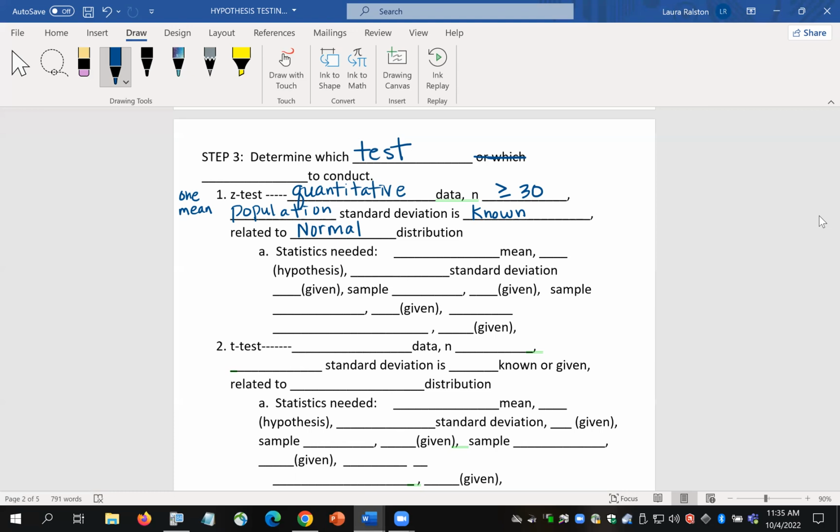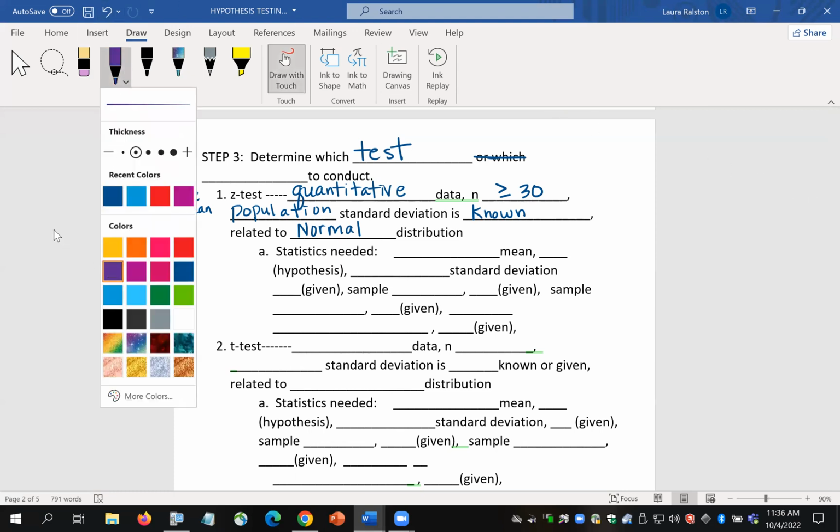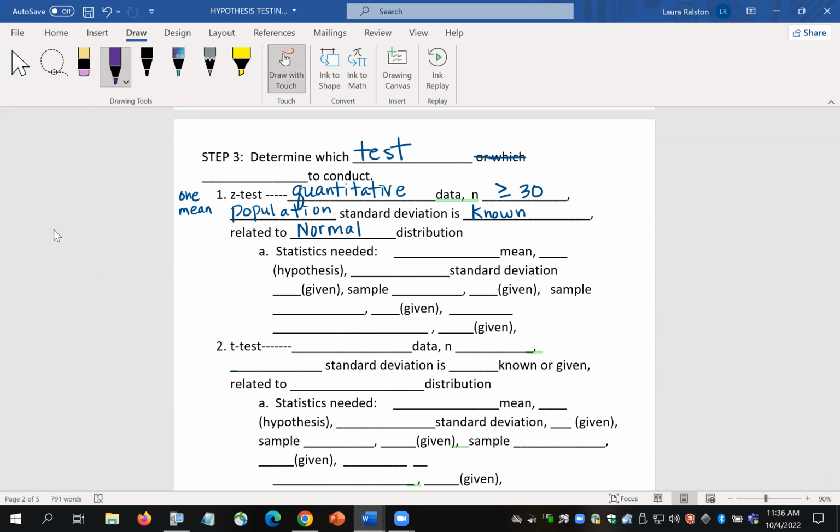So typically in the scenario, when you're reading through the problem, it's going to give you several things. It's going to give you the population mean, which is included in the hypothesis. It's going to give you the population standard deviation, which is sigma. Then you have your evidence.